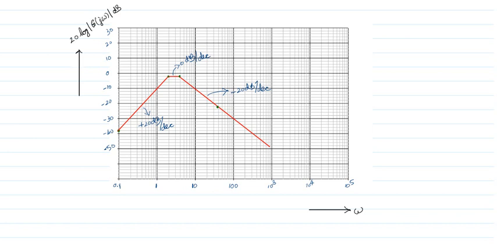Okay, and what are the corner frequencies? The corner frequencies are 2 and 4. This is your omega C1 and this is your omega C2. Okay, and at omega C1, what is the value?